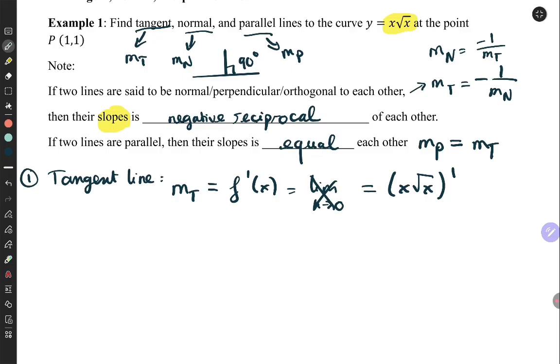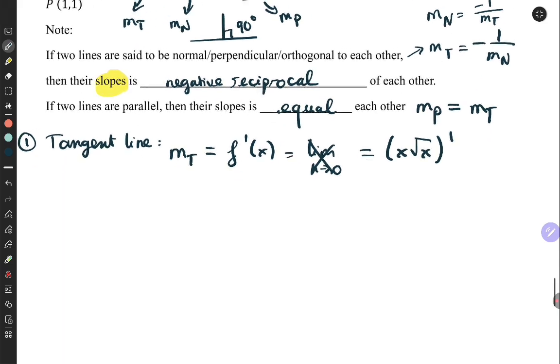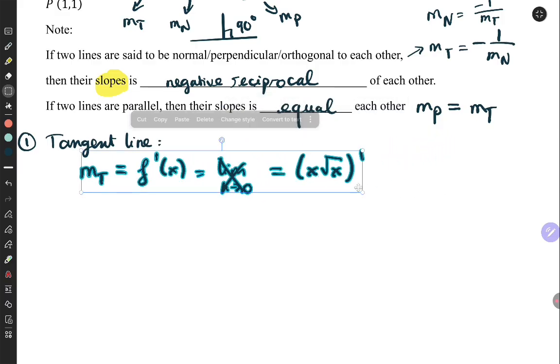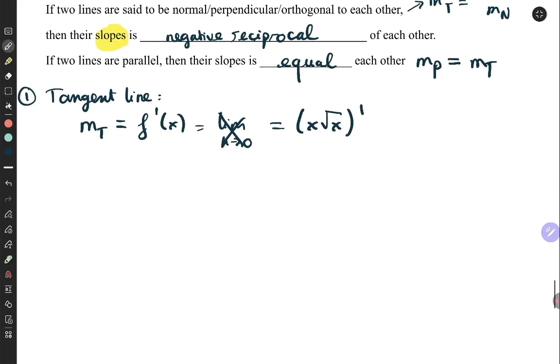Okay, that's the correct product. One more time without a product rule. So I'm gonna put it over here. I'm gonna do this example twice.